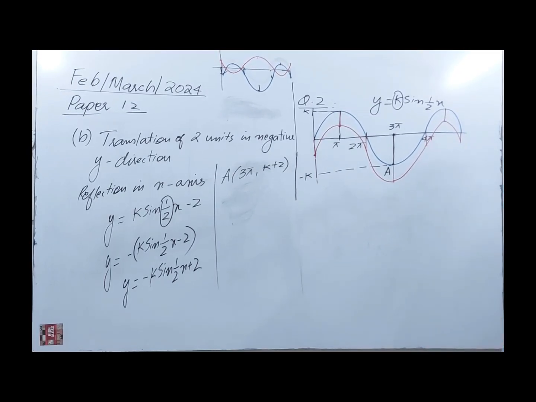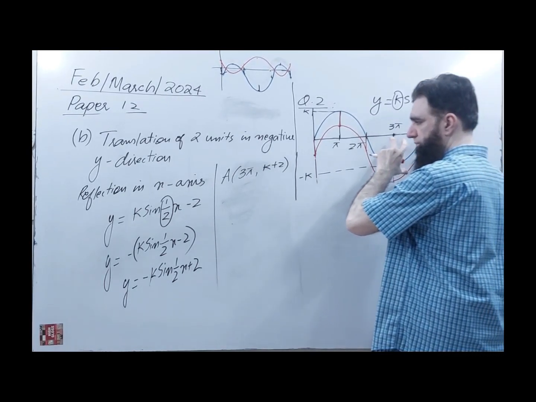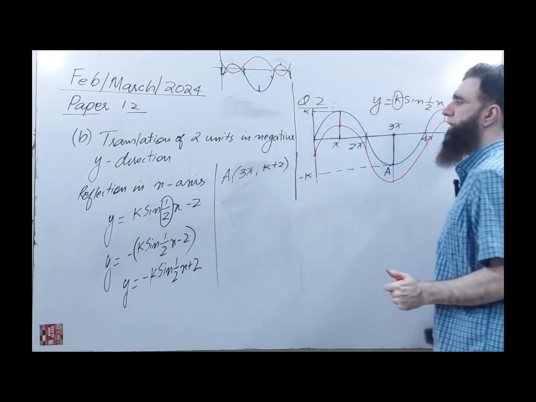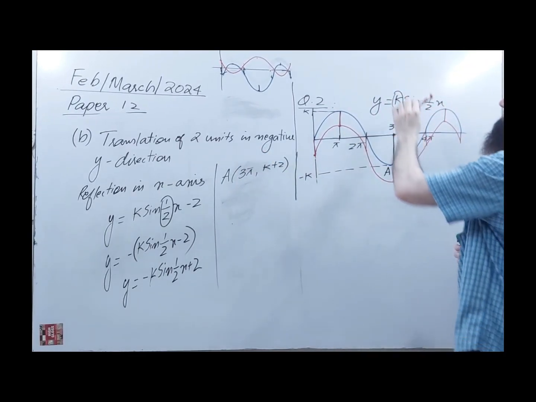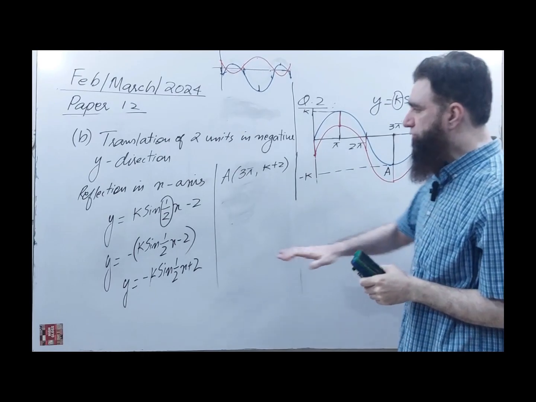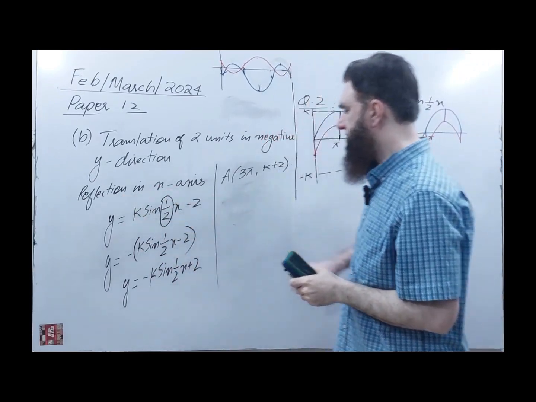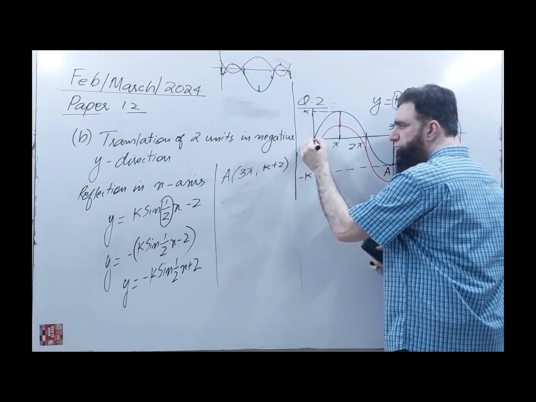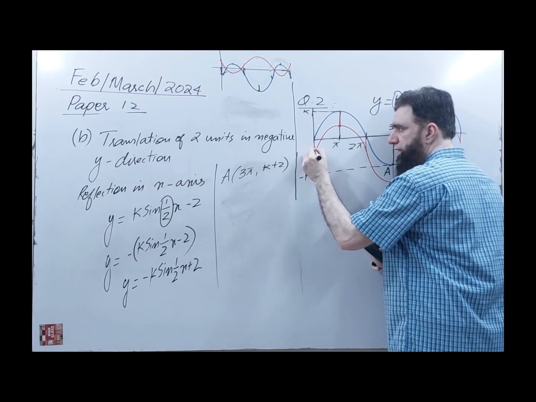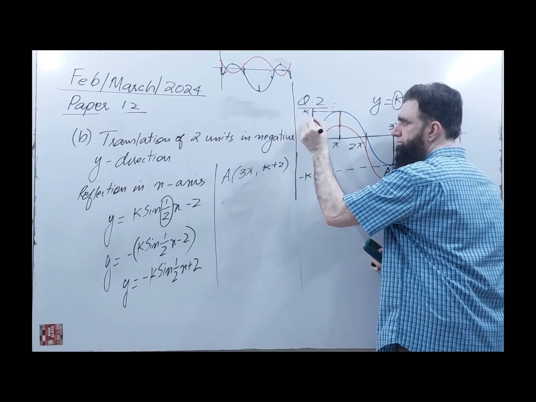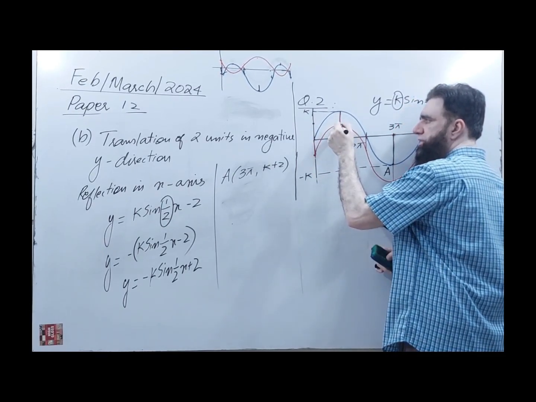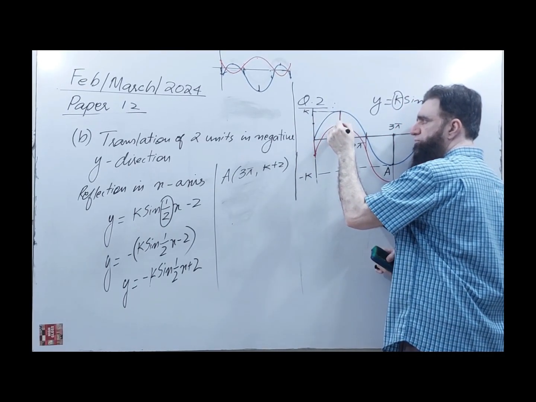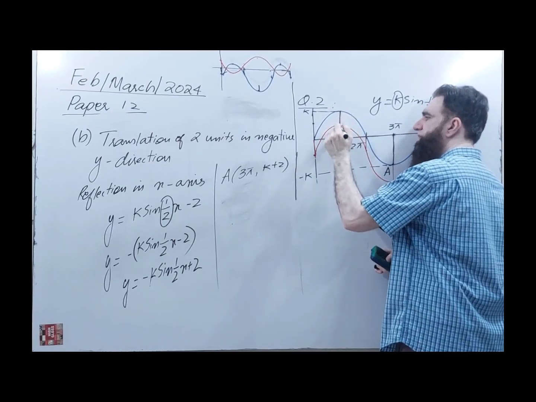So you have drawn the translation. Now, we will have to reflect it in the x-axis. Reflection means it will be reflected in the x-axis. So this is 2 units down, it goes 2 units up here. This point is k minus 2 in the upward direction, let's say above x-axis.